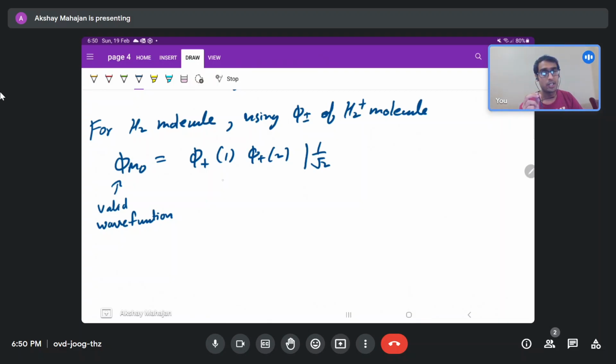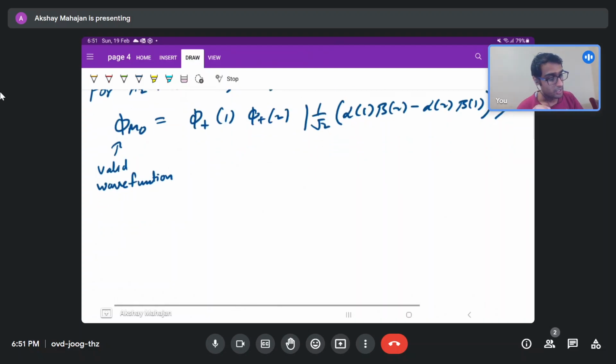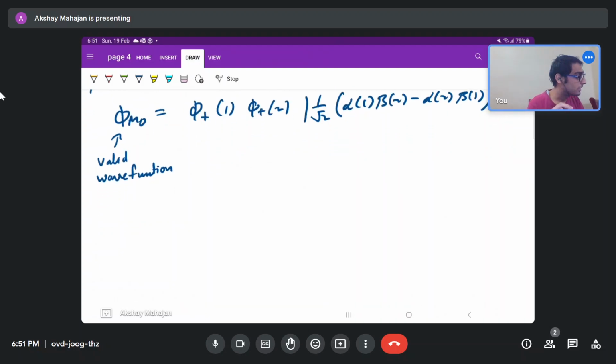If you do it, exchanging 1 and 2, what you get is plus 1 for the spatial part. So you have to write the anti-symmetric spin wave function, which will be alpha 1 beta 2 minus alpha 2 beta 1. The varied wave function will have the spin part included as well, as has been shown in the class.